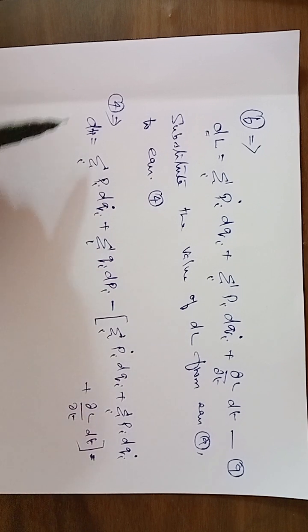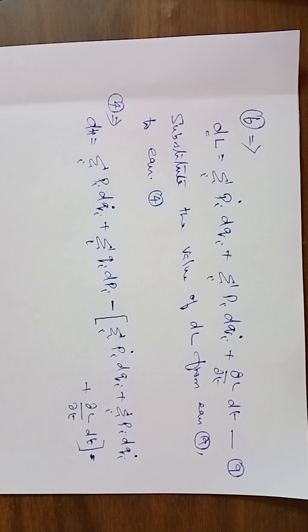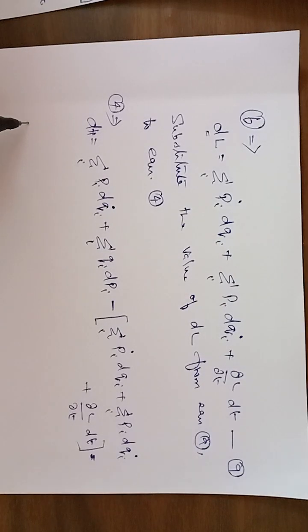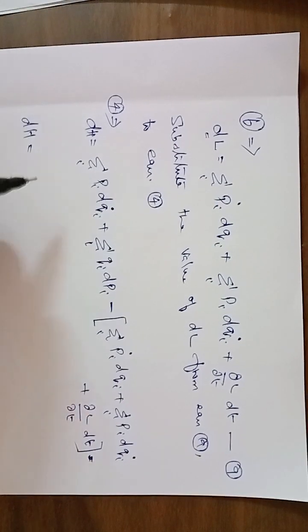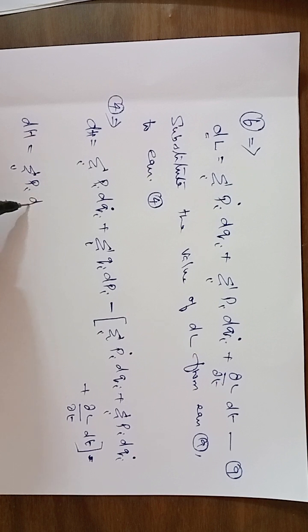Now you understand? Now dH is equal to, you just expand these terms. So summation of i pi dqi dot plus summation of i qi dpi.